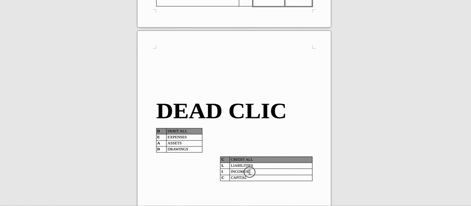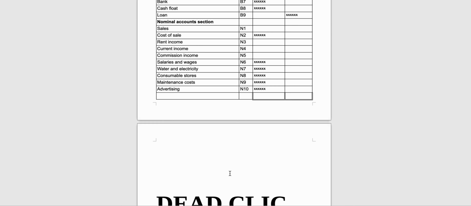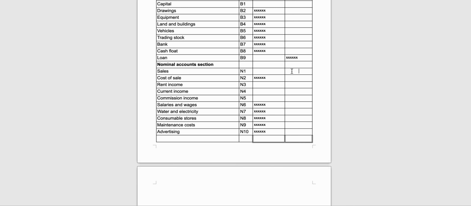So next up, we go to our incomes and we put their amount on the credit side. Okay, so sales will be on the credit side because it's an income. Rent income on the credit side, current income on the credit side, as well as commission income. They will go on the credit side. So we are done with our incomes.